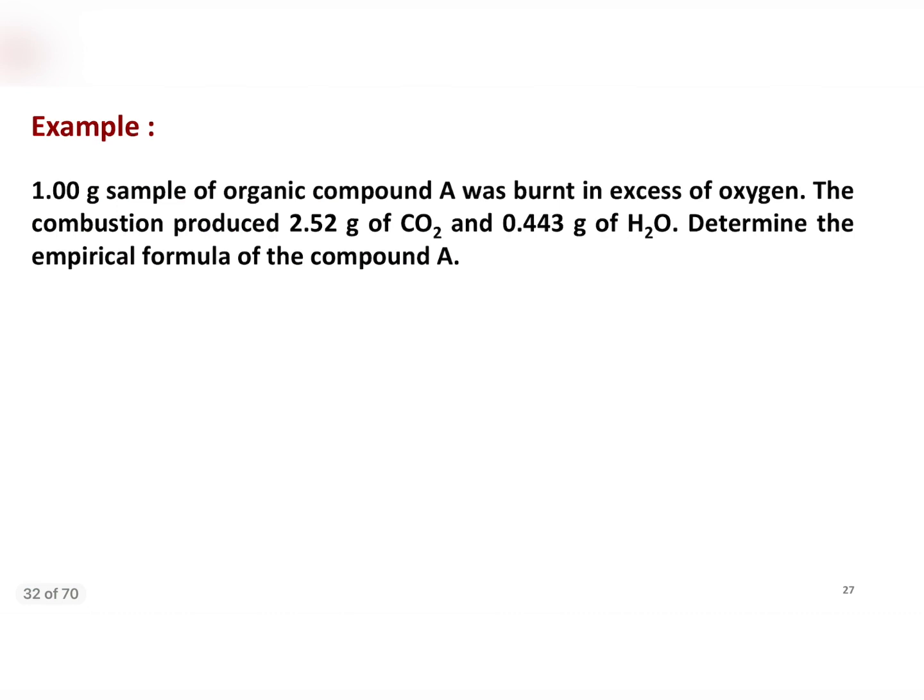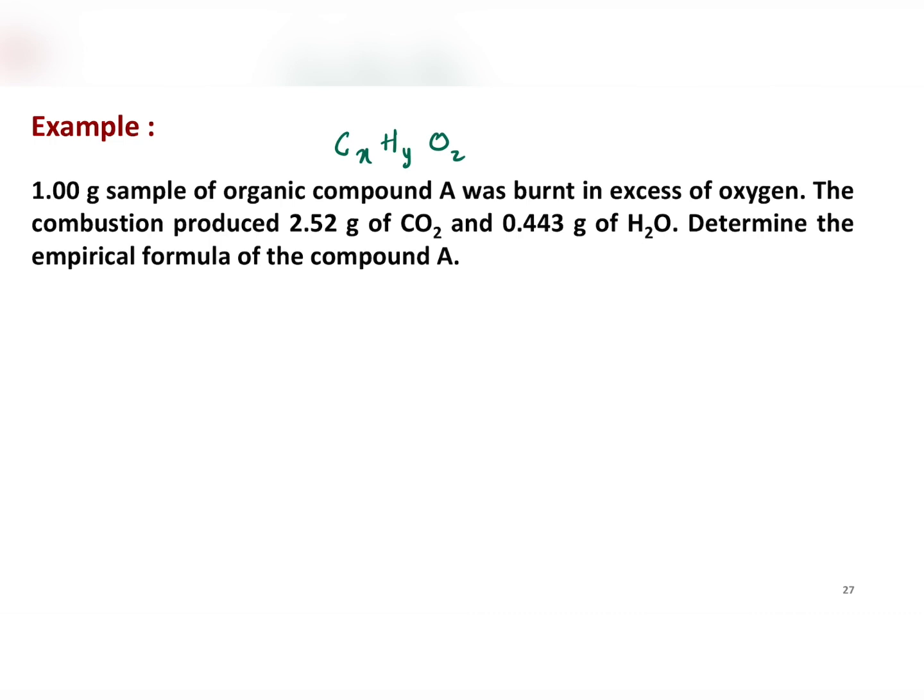Right, so back to this question. Okay, so organic compound CHO was burned in excess oxygen. The combustion produced 2.52 gram of CO2 and 0.443 gram of H2O. Determine the empirical formula of the compound A.